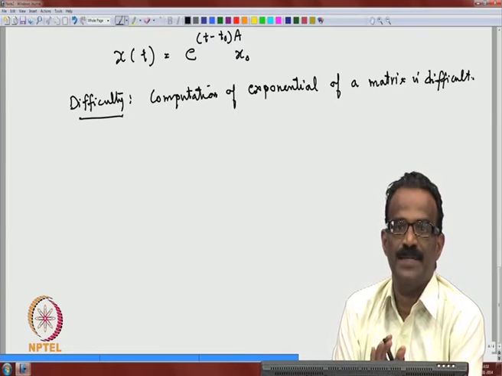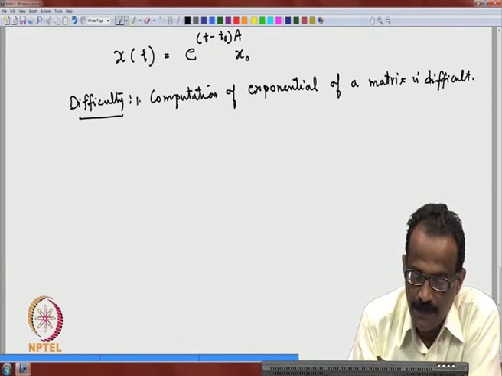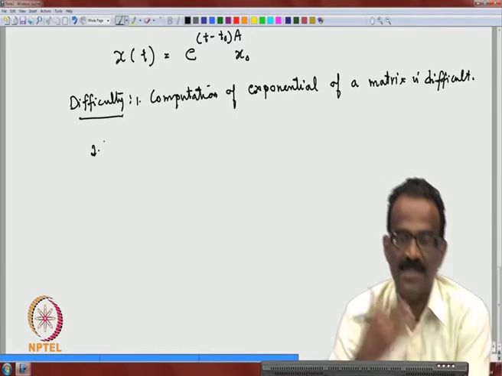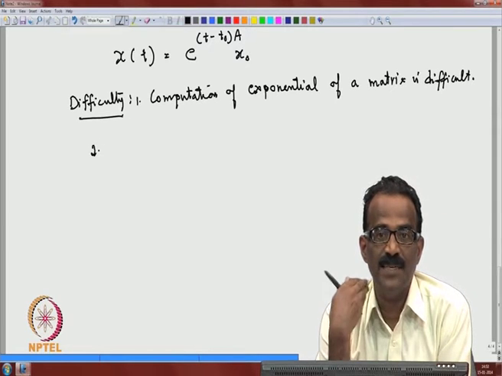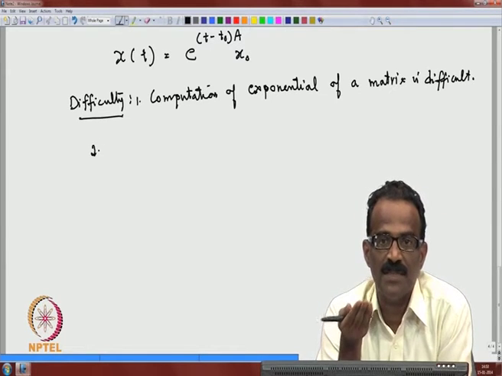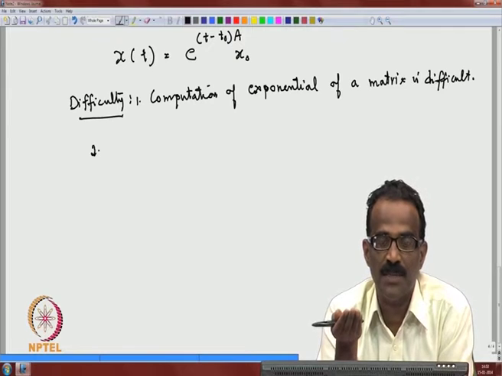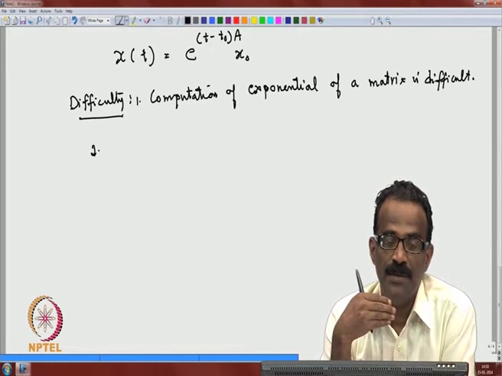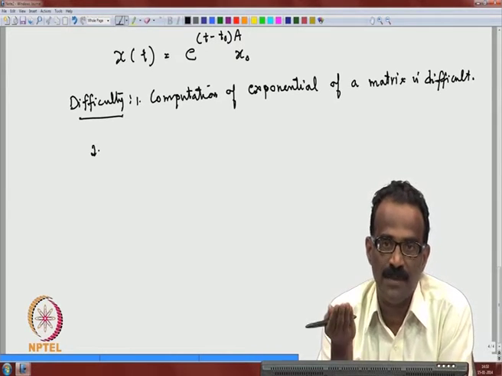That is one point. The second point is that, as I remarked again, x(t) you have to think of as a solution to a dynamical system. In other words, you can think of x(t) as the motion of a particle.